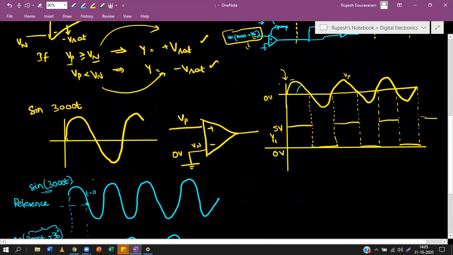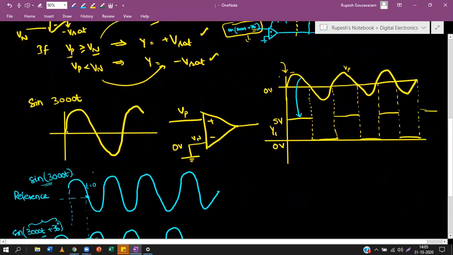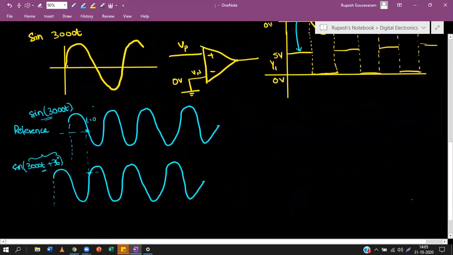Now, if you take the same curve here, you know that for any sine signal, the output is like this. Okay, here also let us construct the same kind of signal.